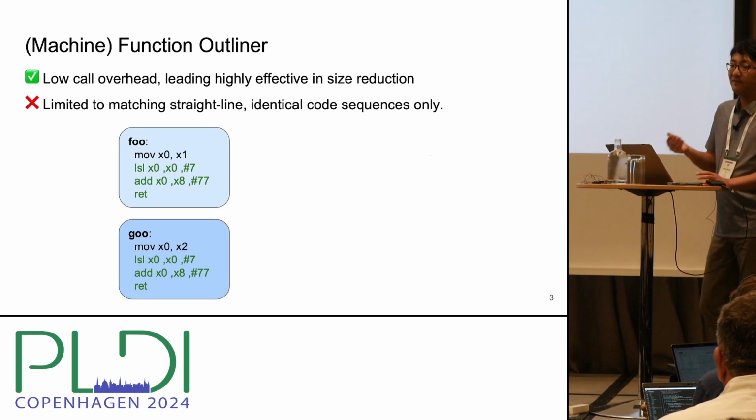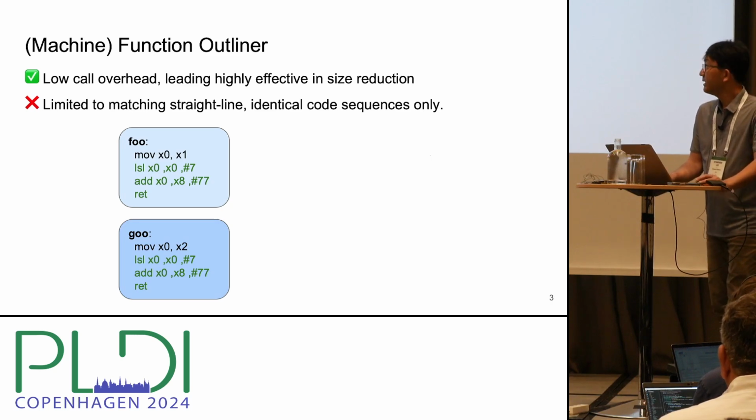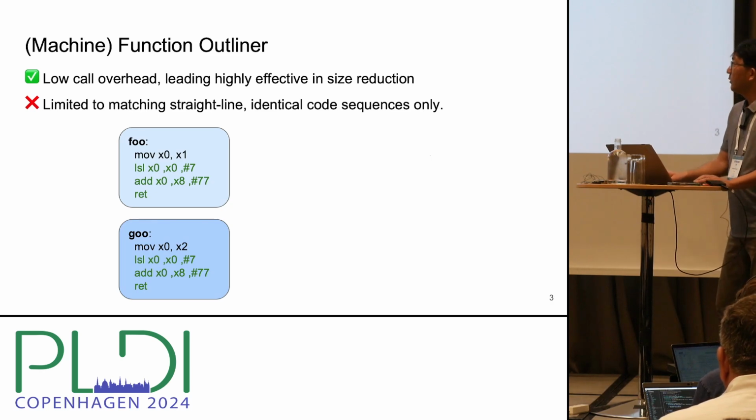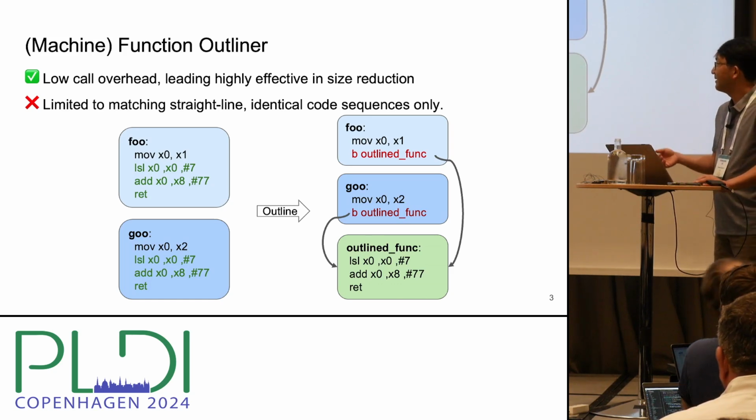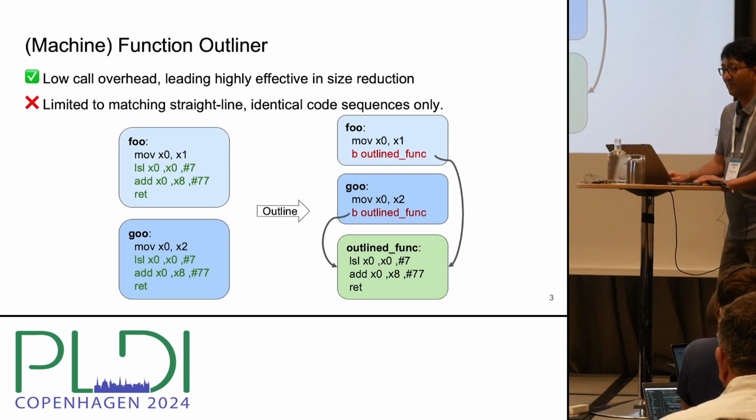So you can effectively reduce code size. Here's an example with two functions. The code sequences in green are identical. If I outline them with a native function call, they will look like this, resulting in only 7 instructions on the right-hand side, as opposed to 8 instructions originally.